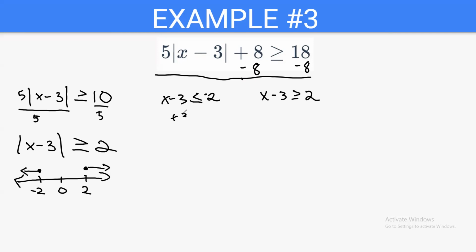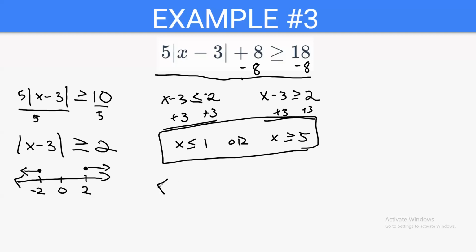Just solve it simply by adding 3 to both sides. Adding 3. X is less than or equal to 1, or x is greater than or equal to 5. Okay?